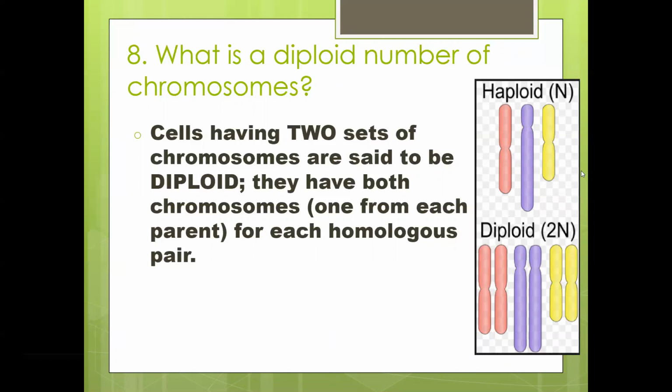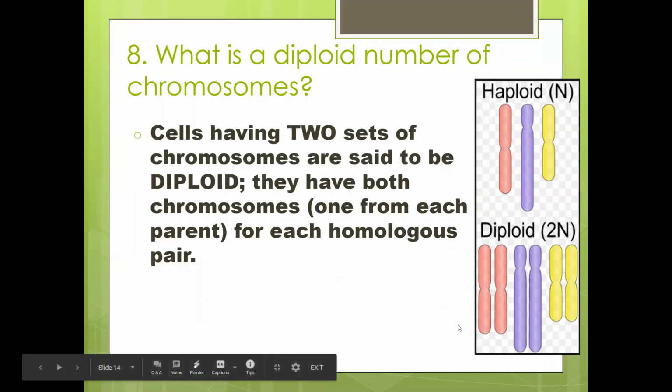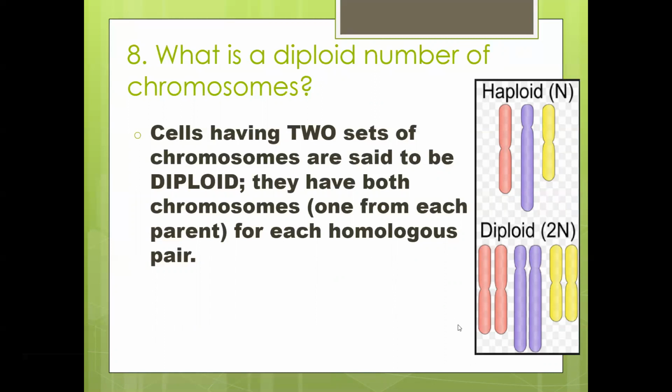If you were to sit and think about it, you would probably be able to guess which cells in our body are haploid, but for the sake of time, I'm just going to tell you sperm and egg cells are haploid. Think about it: their entire purpose is to make a new human. So they can't be diploid, because if you had a diploid with all 46 chromosomes joining with another diploid that had all 46 chromosomes, then the offspring would have what, 92 chromosomes?